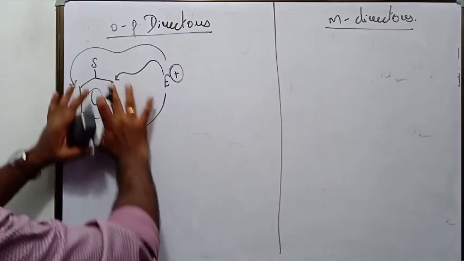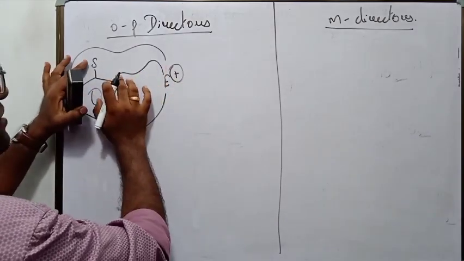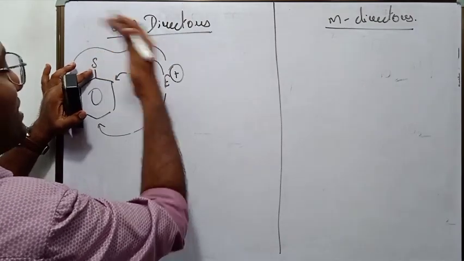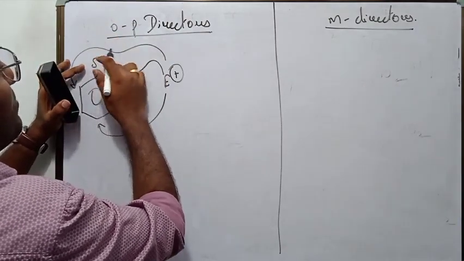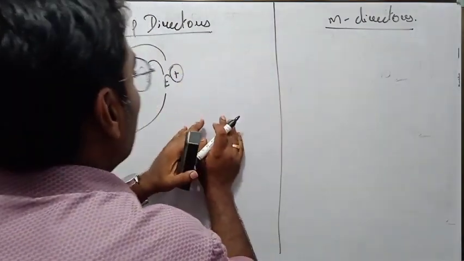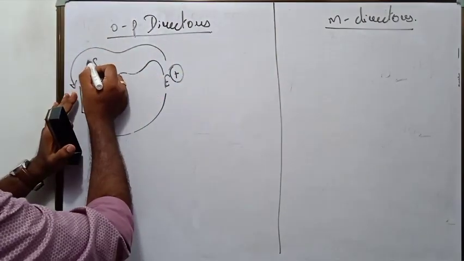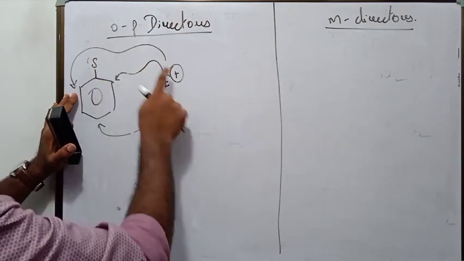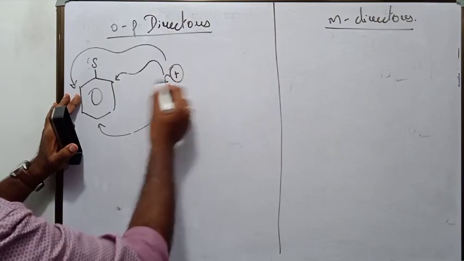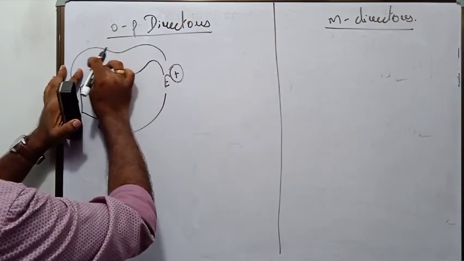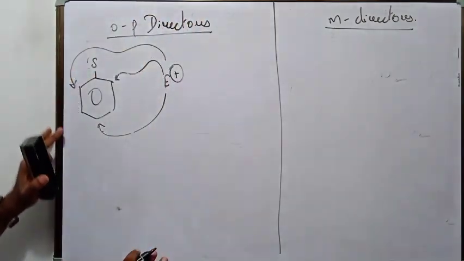This is through experimentation only that we have found. By taking different types of primary substituents and observing the major products, we have subdivided the primary substituents into two classes. Those which direct the incoming electrophile into ortho and para positions are called ortho-para directors.